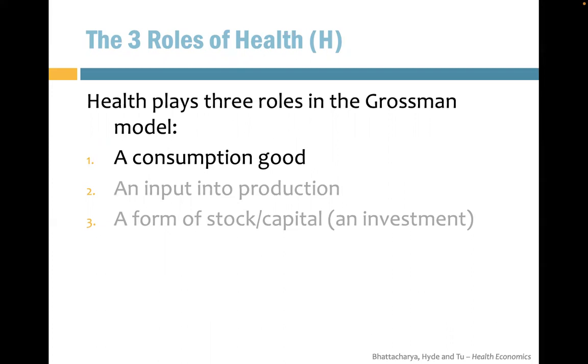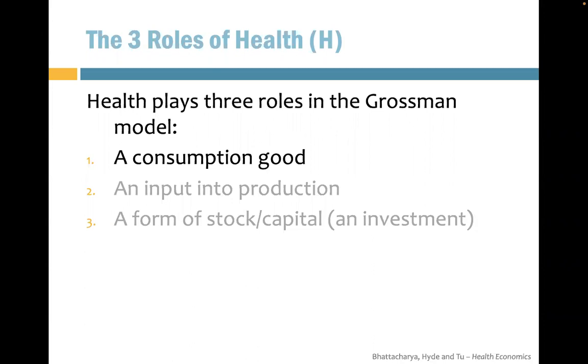We think of that as skills. The more we have, the more productive we are, and health is the same. The more healthy we are, the more productive we are. The third role is a form of stock or capital. Think of that as an investment where you put in some cost today and you get some return in the future.